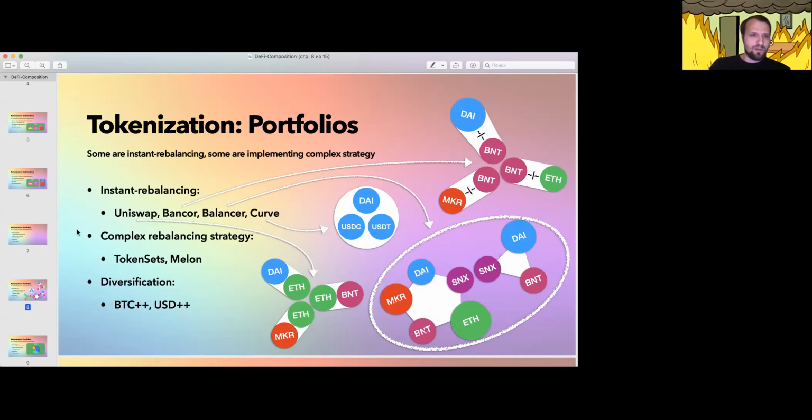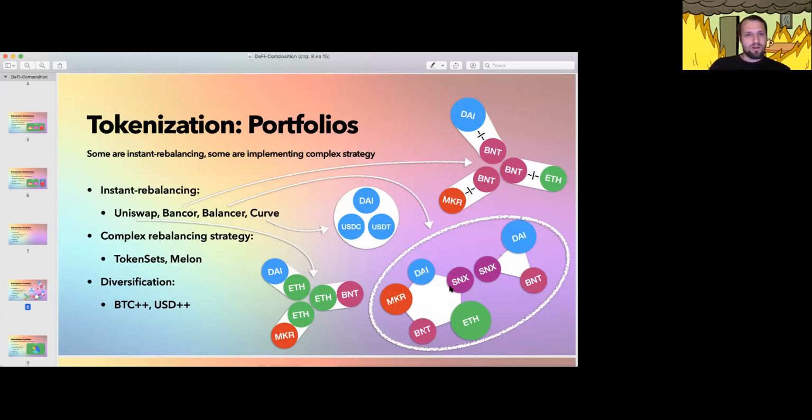And you can look at them as DEXs, because they allow people to swap any asset to any other with some internal formulas. So here we can see that Uniswap, for example, has smart contracts where every smart contract is a pair of any token and Ether, and they are always balanced.